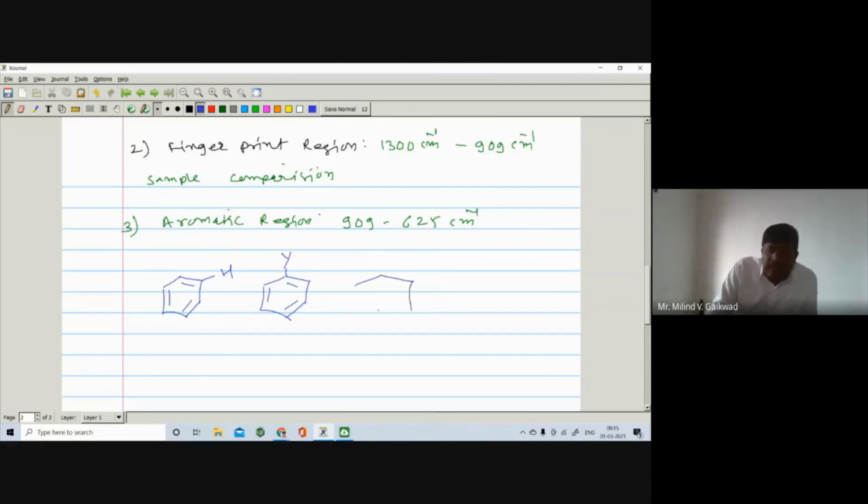It may be disubstituted benzene, where there is X or there may be Y. This X may be the same or different. So it may be ortho, meta, or para. This aromatic region is useful to find out the presence of an aromatic compound.